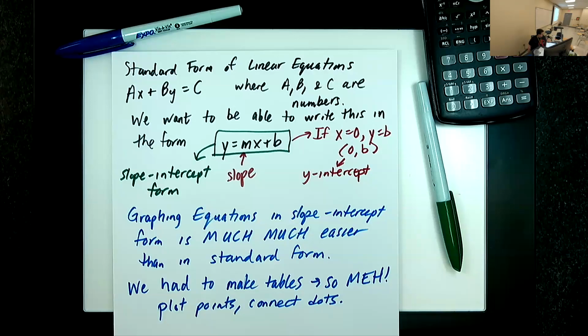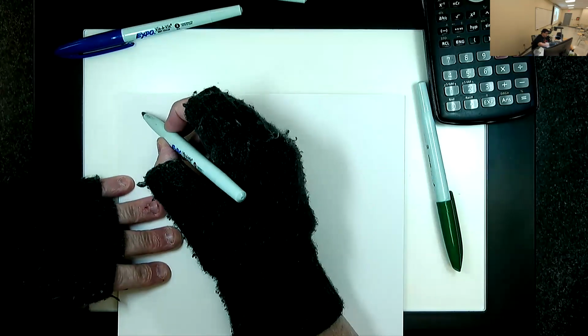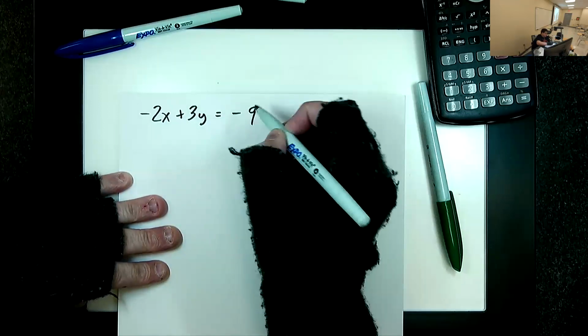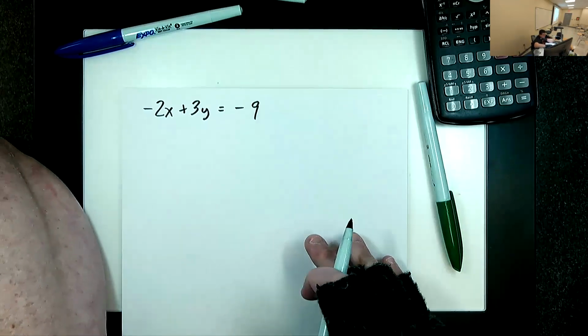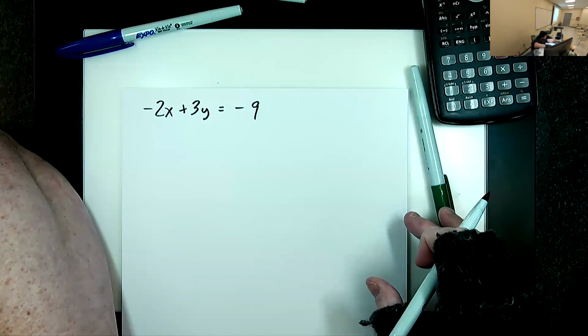So let's do an example. Everyone ready? Let's say we started at negative 2x plus 3y equals negative 9. This is going to get ugly plotting points.